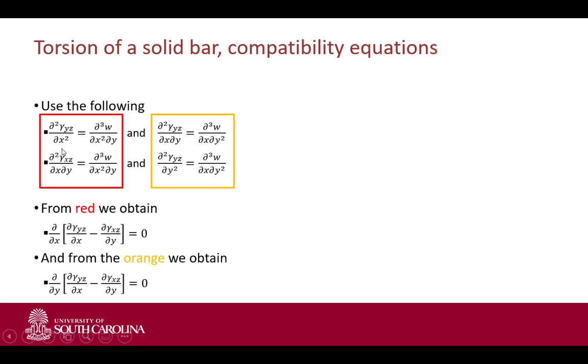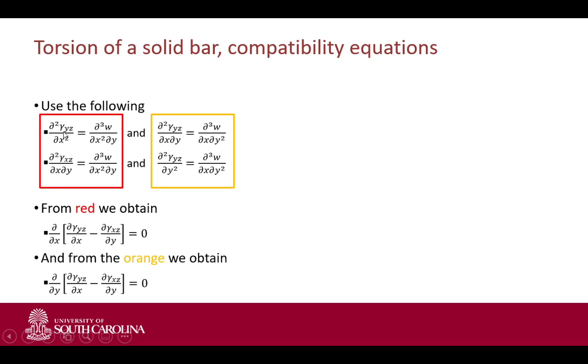The only thing we do here is see that we have two functions that are a function of the third partial derivative of w with respect to x squared y, and the third partial derivative of w with x and y squared. So we can combine the two in red, and then combine the two in more yellow than orange, and we can rewrite that in a slightly different format.